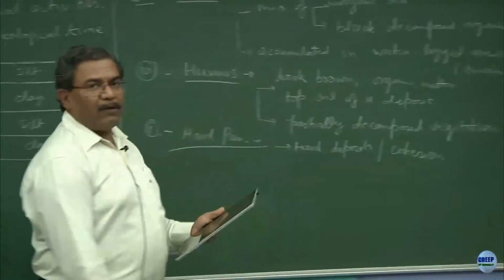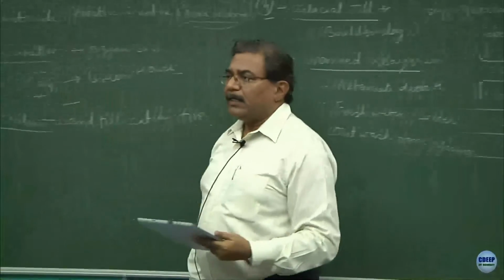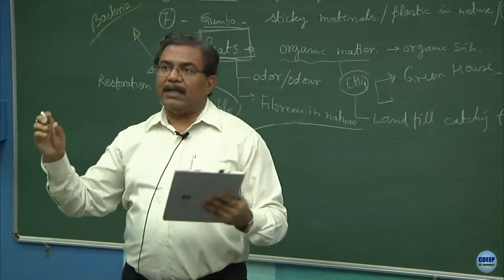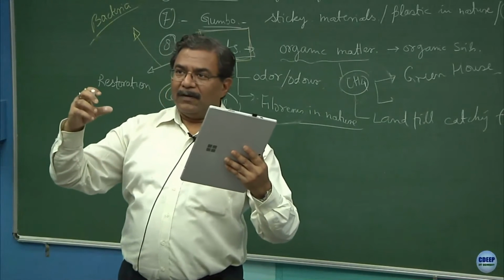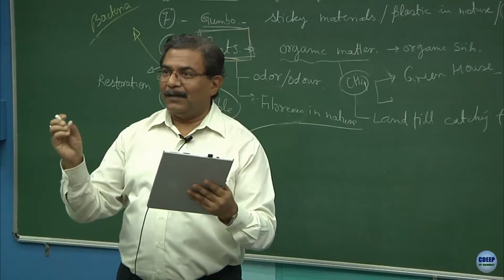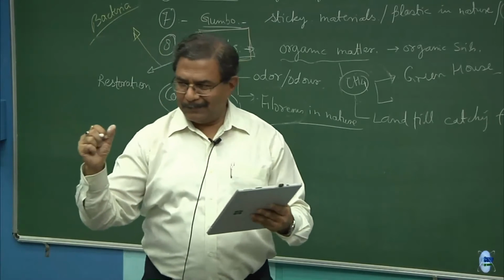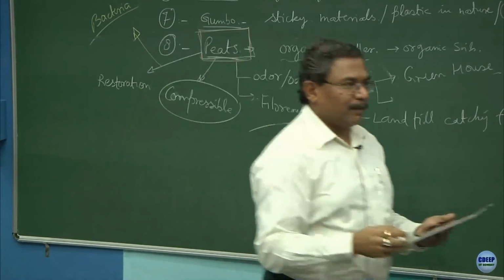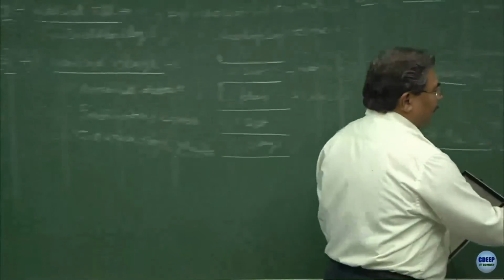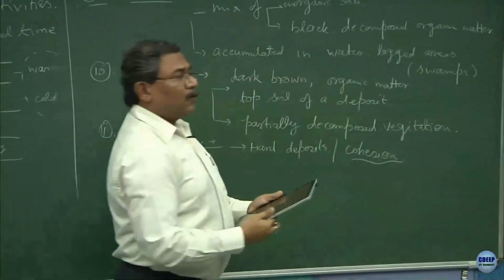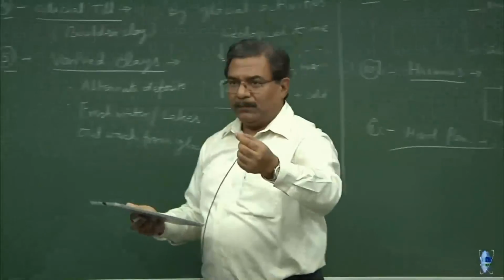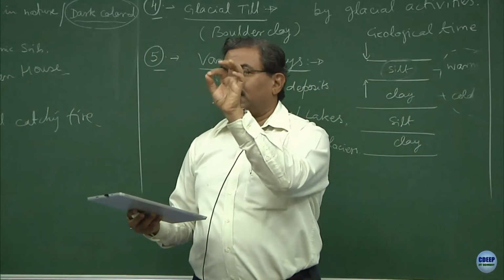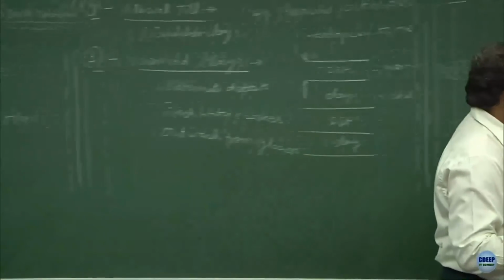I hope you understand the word cohesion. Cohesion is something where the particles of the soil are cohesed, they are bound with something. So, that is what is known as cohesion, alright. Suppose, like a glue, I have two particles, I put glue on both the particles, press them, and they form a matrix.